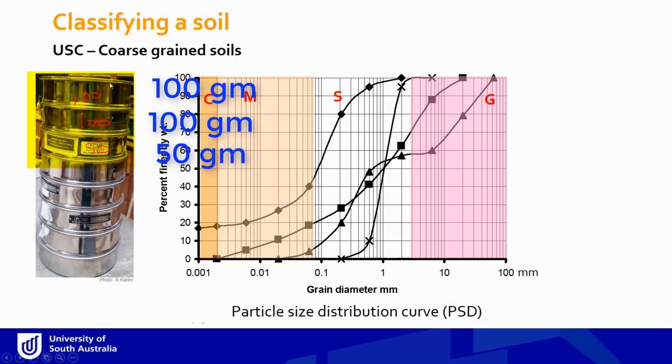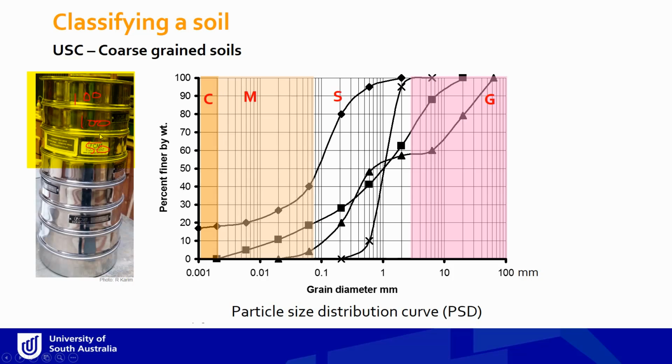Now, percentage finer basically indicates the percentage of particles that have passed through that sieve. Let's say this is a 2.36 millimeter sieve, just an example, and we put 1 kilogram of soil, and this retained 100 grams. So how much has passed through? 900 grams. So what will be the percentage finer in this case? 90%. Now, for the second sieve, this has retained 100 grams.